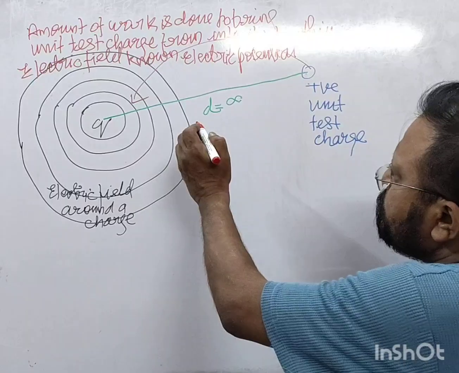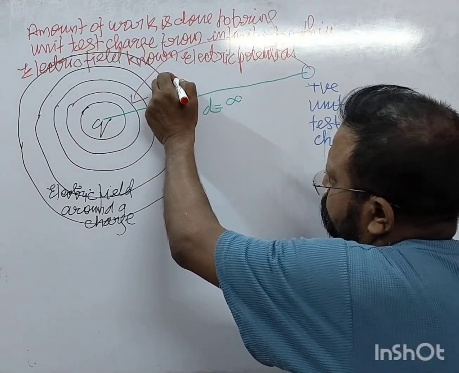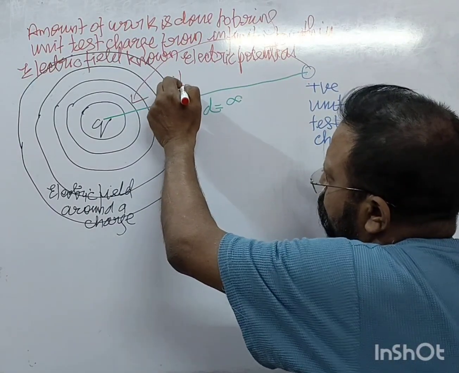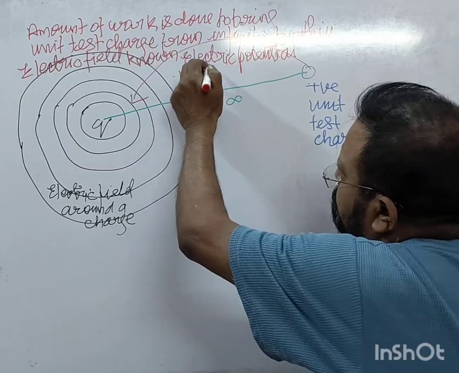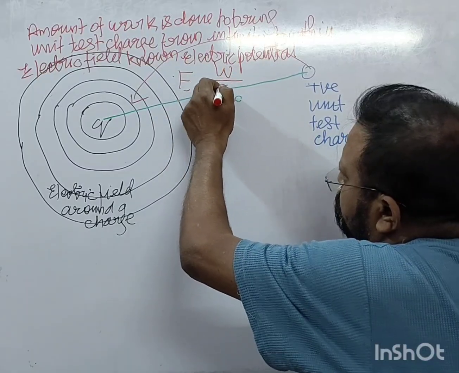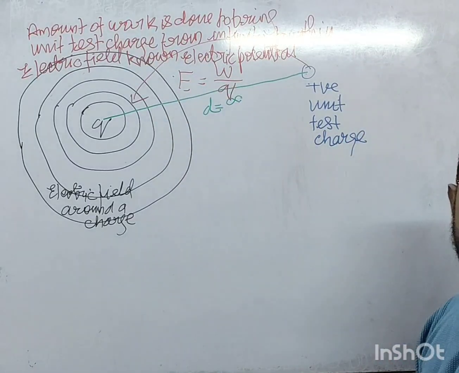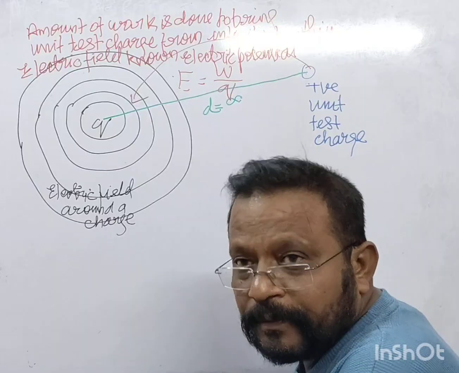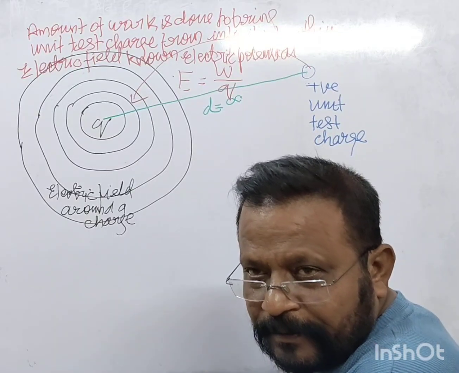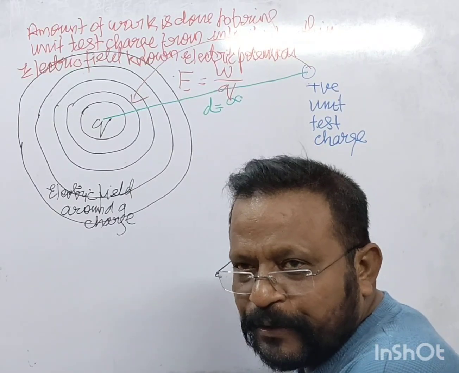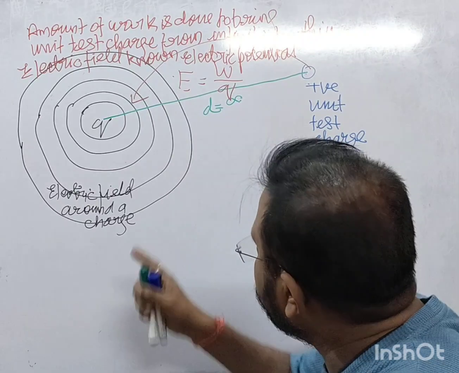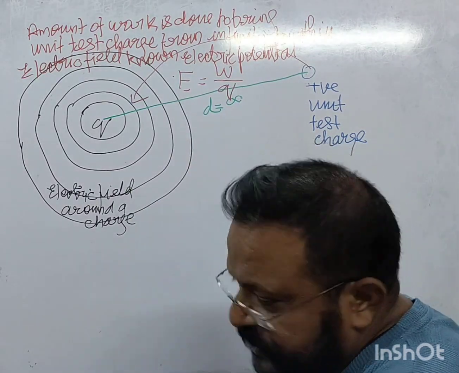V is equal to W upon Q. The amount of work done to bring a unit test charge within the electric field is known as electric potential.